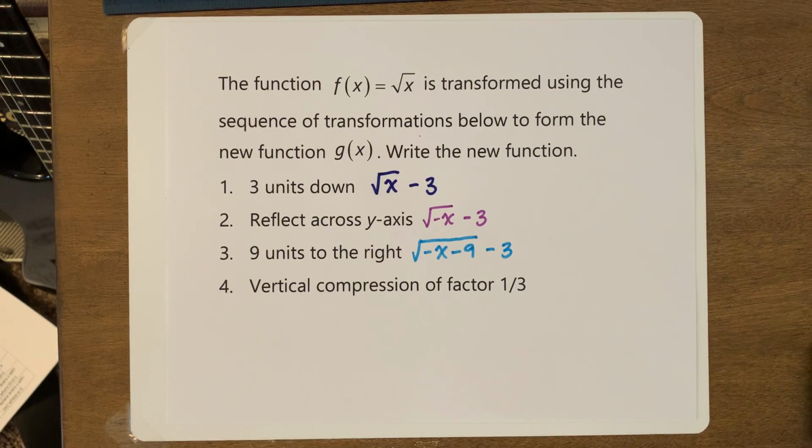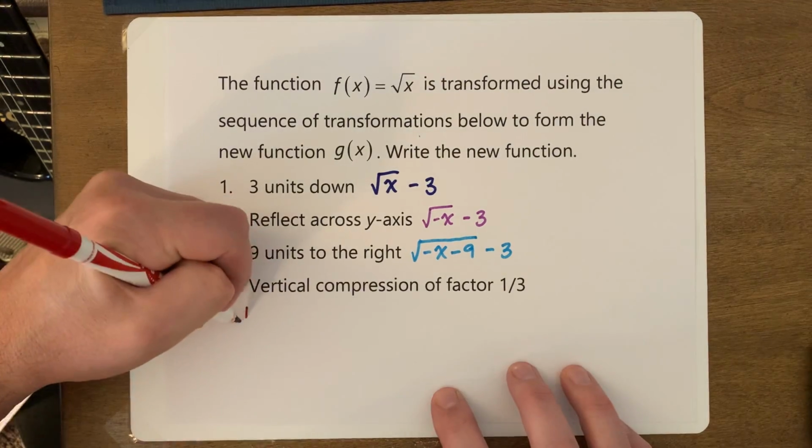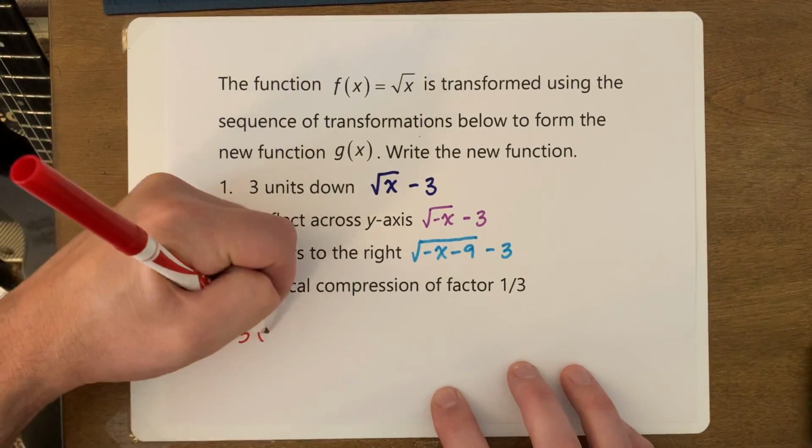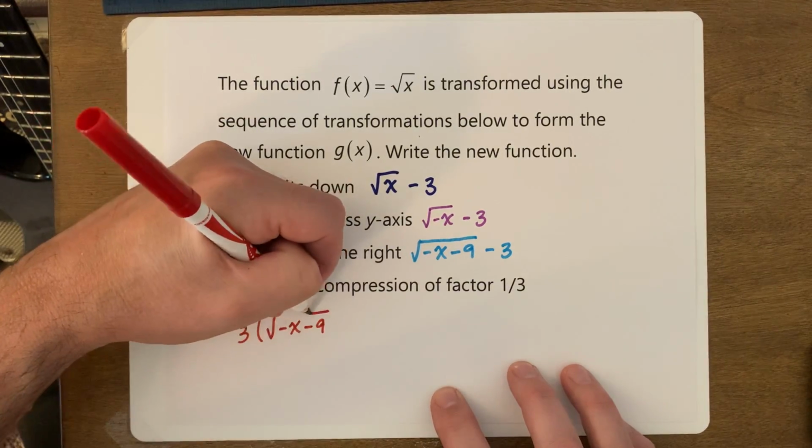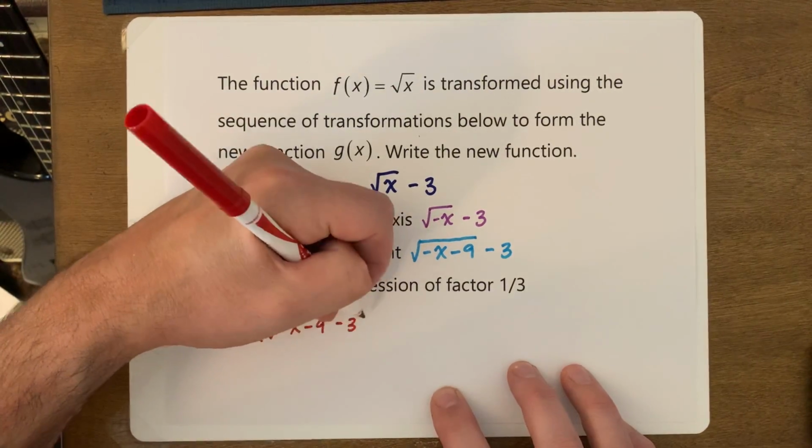So vertical compression, we're going to multiply the function by a factor of 1/3 for the vertical compression, right? So multiply the whole function by a number between 0 and 1. What we're going to do is take 1/3 of this whole thing, negative x minus 9, minus 3.